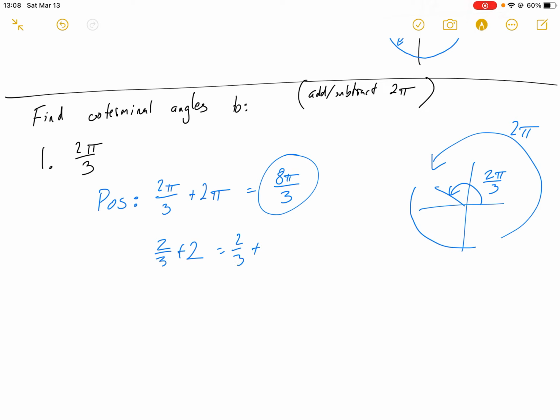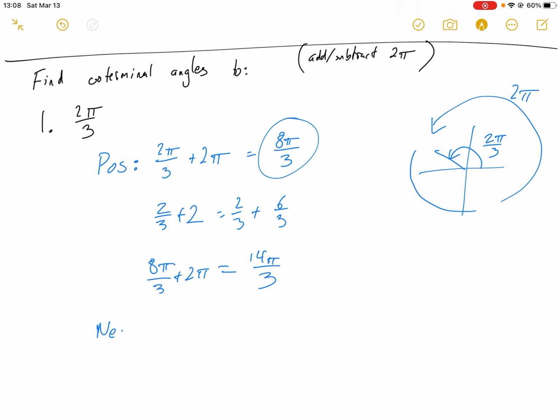Alternatively, you could do 2/3 and then 2 with a common denominator would be 6/3, and then you get that. And you could keep going. So once you have one, you could just keep going and finding more and more coterminal angles. So now I have another angle. These are different angles, but they are coterminal. Usually, though, you want to find a negative angle as well. So let's talk about how we might do that. Instead of adding a full rotation, I can just subtract it. So instead I can go minus 2 pi over 3.